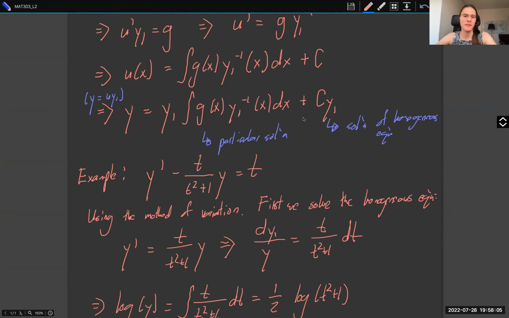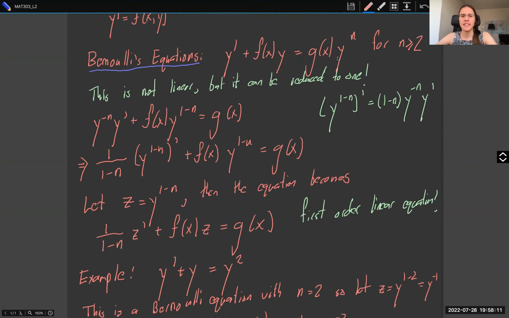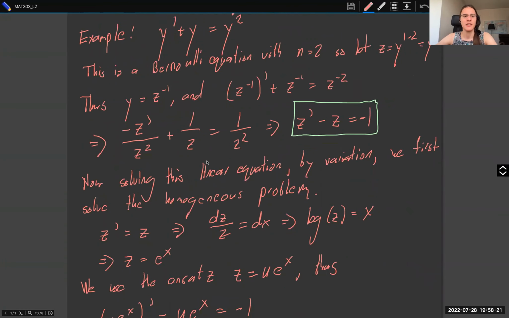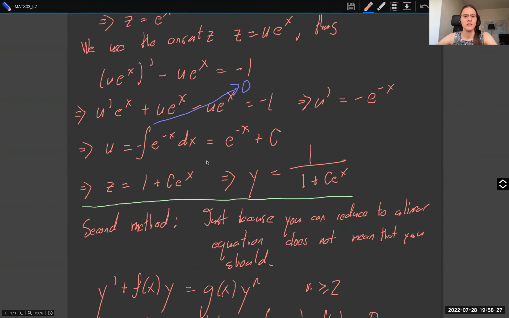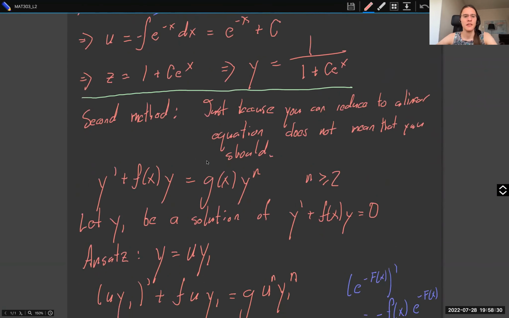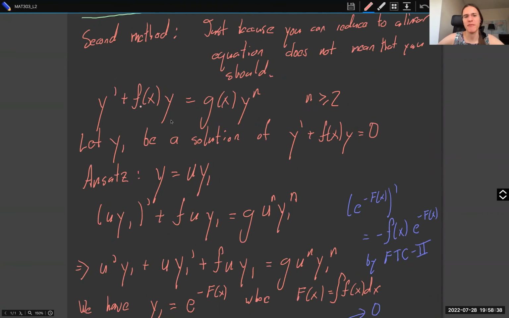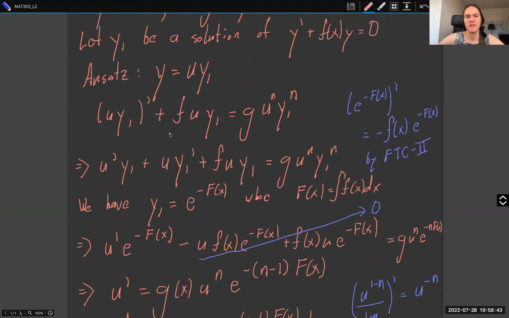I've already reviewed variation of parameters. So Bernoulli equations have a y to the n here. The first method of solving Bernoulli equations is actually not the good method. The second method is actually great, just using variation of parameters.